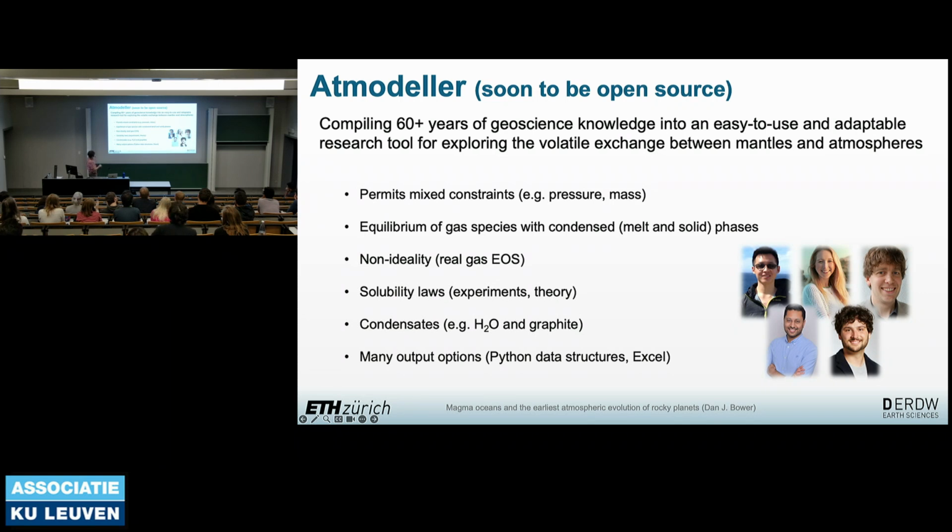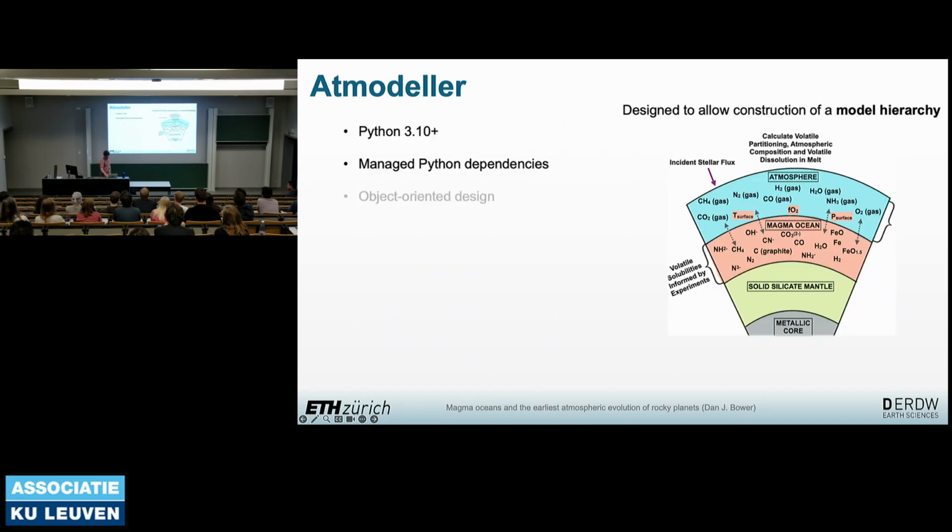Of course, we have a lot of solubility laws that we've incorporated. I'll talk very briefly about non-ideality, but the idea here is that when you get to high pressure, you do not behave like an ideal gas anymore. You have to have a modified equation of state. And again, for complete accessibility across fields, there are many output options.